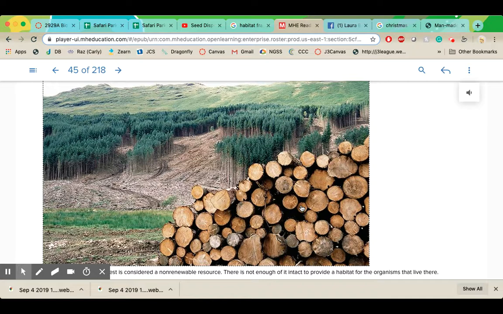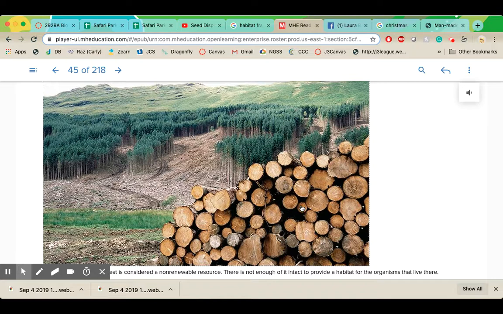So how do we slow down extinction? How can you slow down extinction? Use things sustainably, use renewable resources so they can be replaced, protect the land where you can, use bioremediation. We will talk about that, but that's natural methods of solving problems instead of using chemicals or things like that.